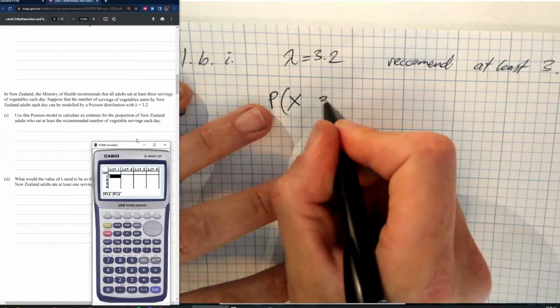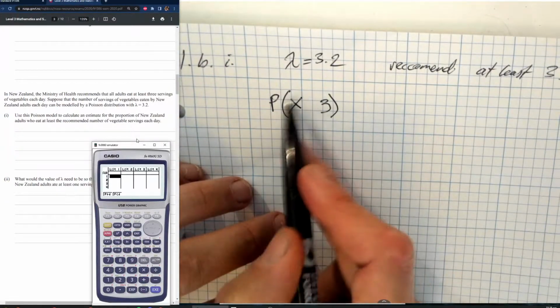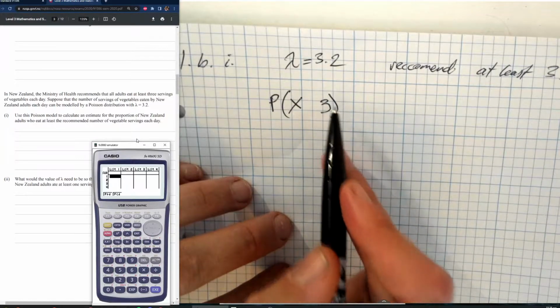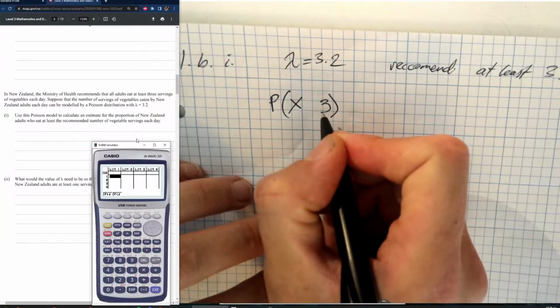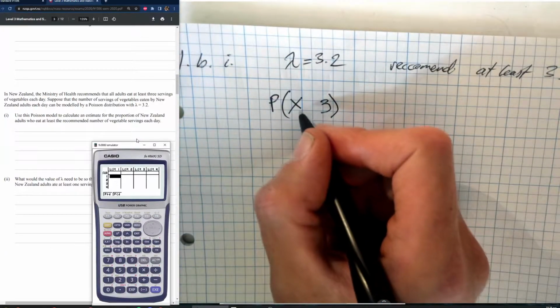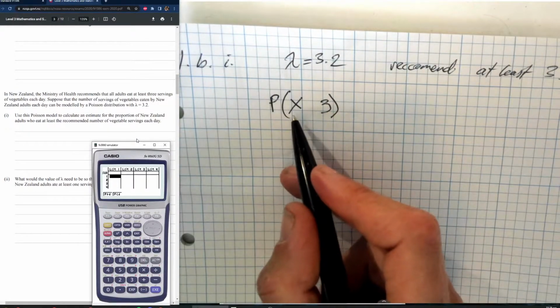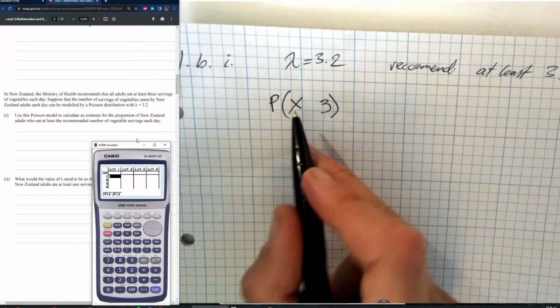So I know it's going to be with a 3, right? And I want this group to be at least this number. So the crocodile is going to eat the bigger group. So we want the adults to eat. Sometimes I like to think of the numbers. Does an adult that eats 2 servings fit into this?